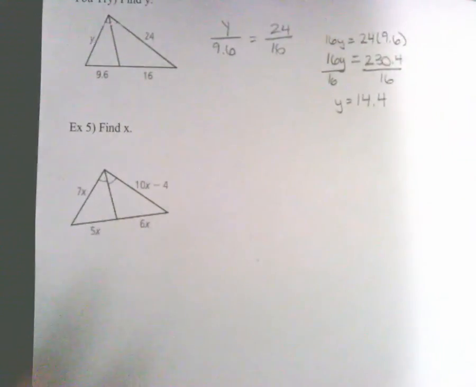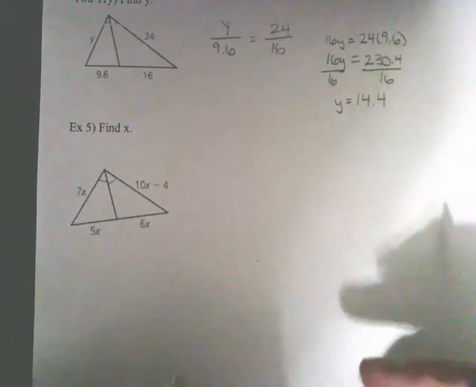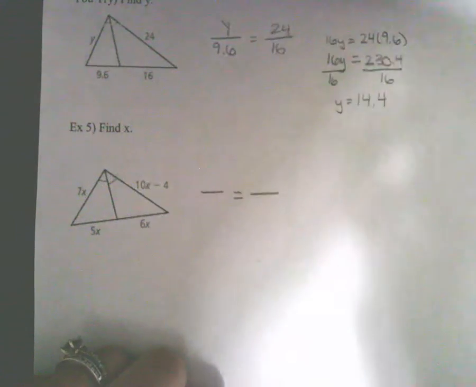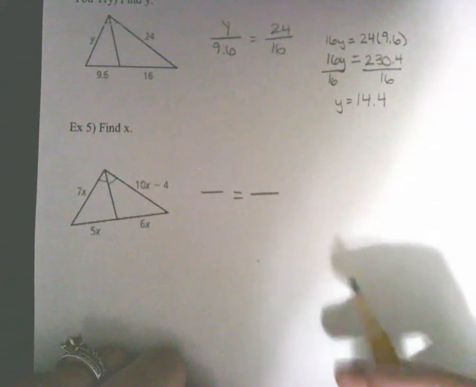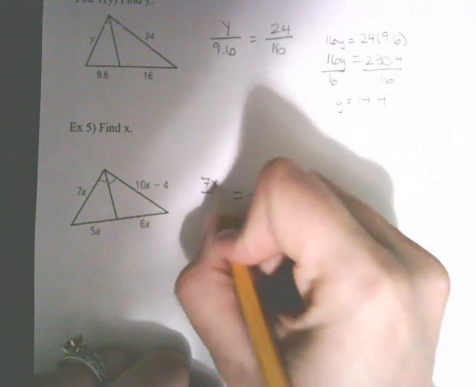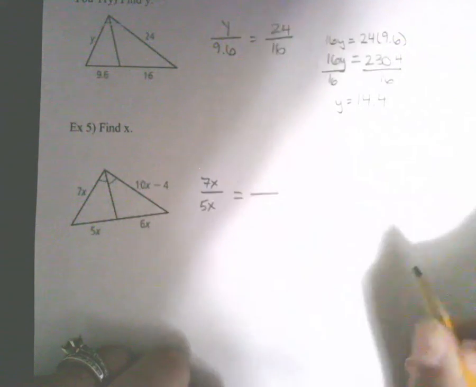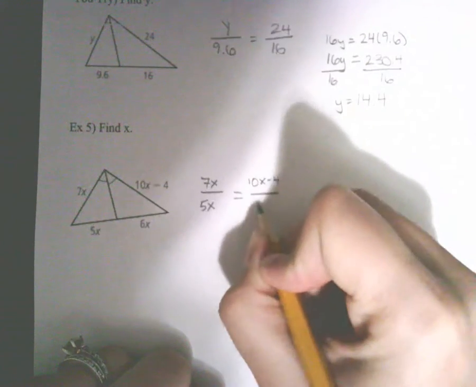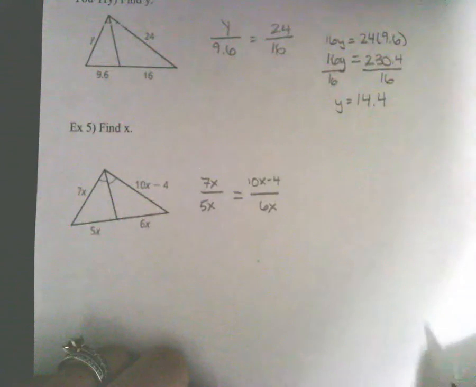Last question. The last question is going to be a little bit harder because there's a bunch of x's everywhere. We'll still set up a proportion similar to the other ones, but when we solve it'll be a little bit more difficult. So I can put 7x over 5x, and if I do that, I need to put 10x minus 4 over 6x.